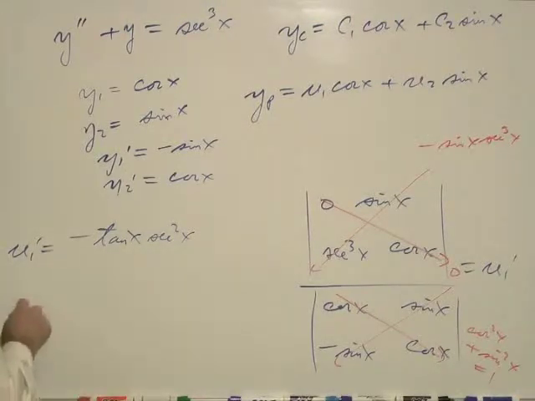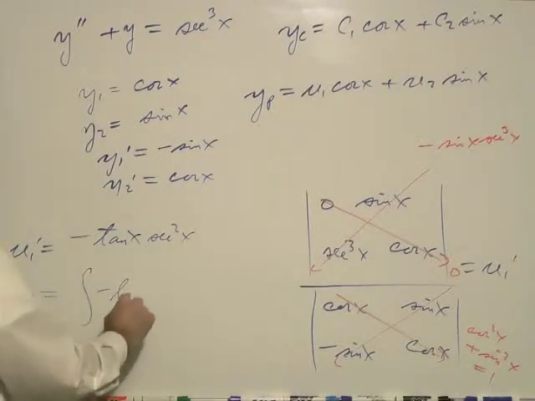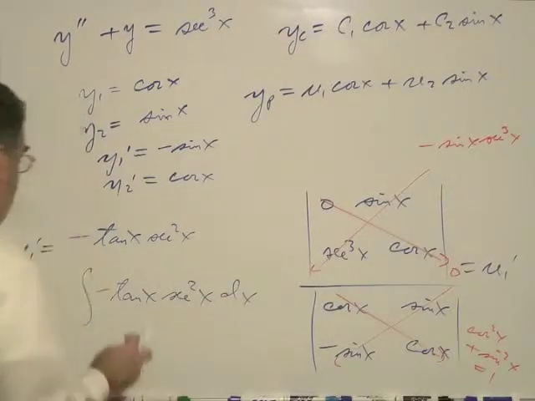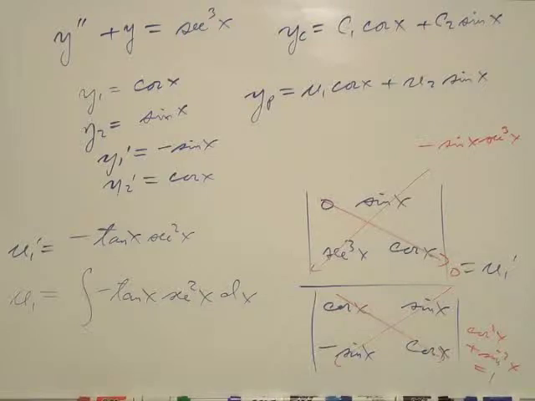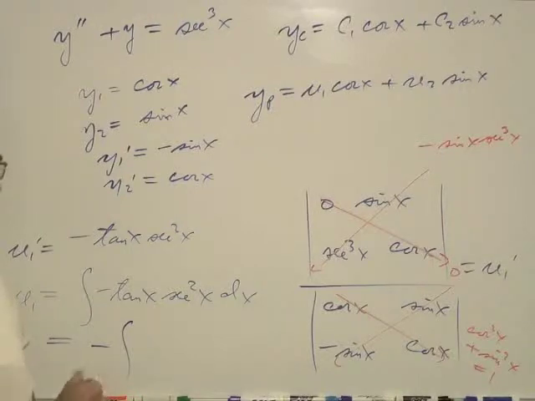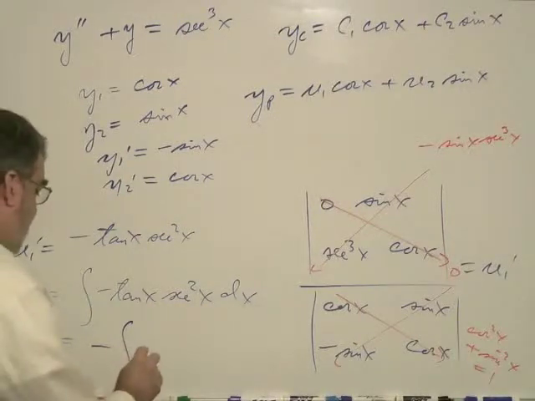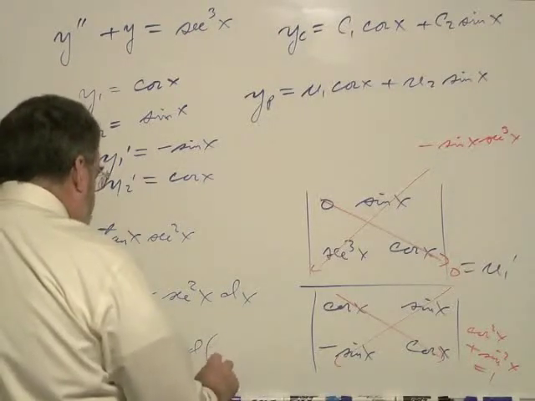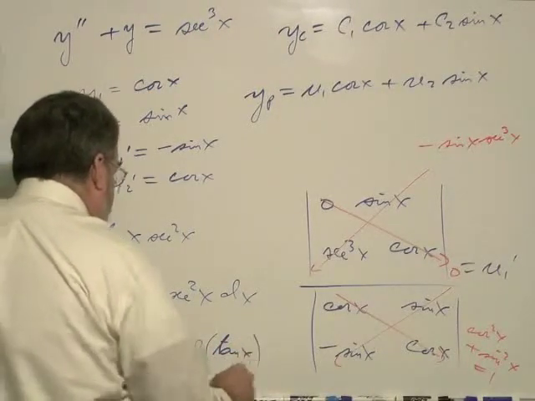And to get u1, we'll have to integrate minus tangent x secant squared x dx. And let's see here. The derivative of tangent is secant squared, so we can use that to our advantage. This is the negative sign, integral tangent x times the differential of tangent x.